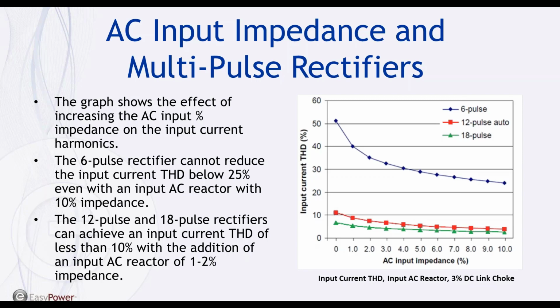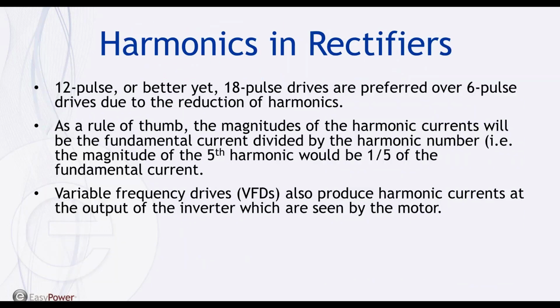And you can see that the 12-pulse and 18-pulse rectifiers can achieve an input current total harmonic distortion of less than 10% with the addition of an input AC reactor of 1 to 2% impedance. So as we've seen, 12-pulse, or better yet, 18-pulse drives are preferred over 6-pulse drives due to the reduction of harmonics.